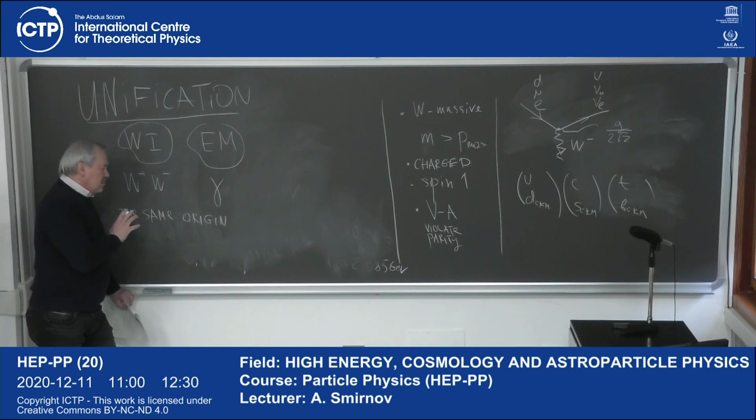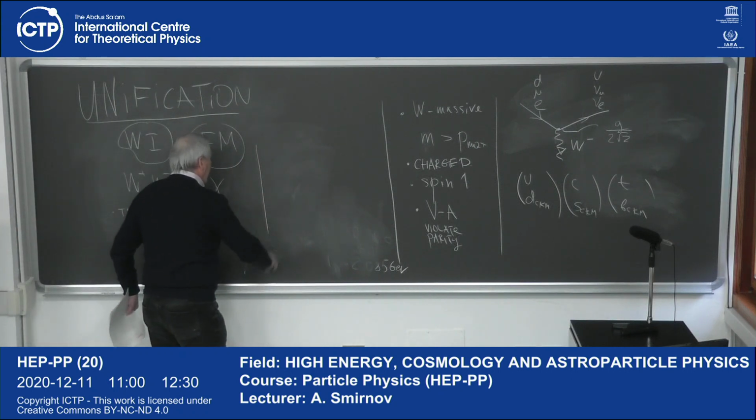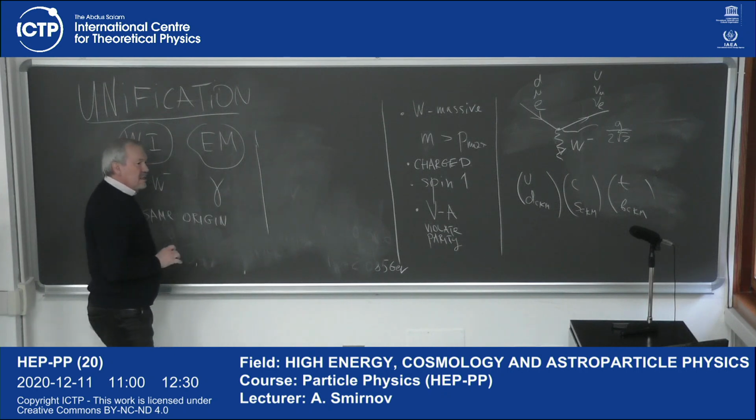So, starting from the 50s, can we really do this unification? Unification implies that instead of different couplings, you introduce a single coupling, and instead of different particles, you introduce one particle, or put them in one multiplet. In more formal terms, the question is, can we put these particles in a single multiplet?